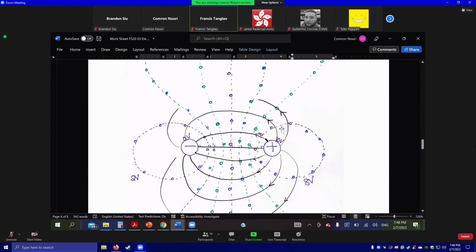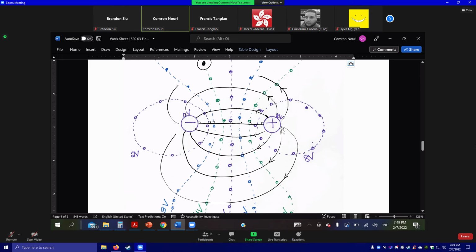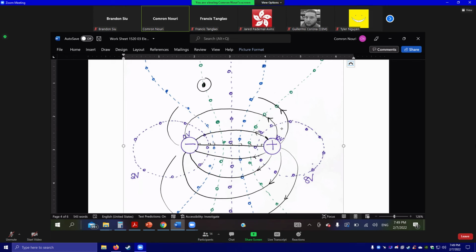For example, sometimes it's tricky if the lines are not parallel. If you want to use this point, this is at 4 volts, so you go from 3 to 5, perpendicular to the equipotentials.